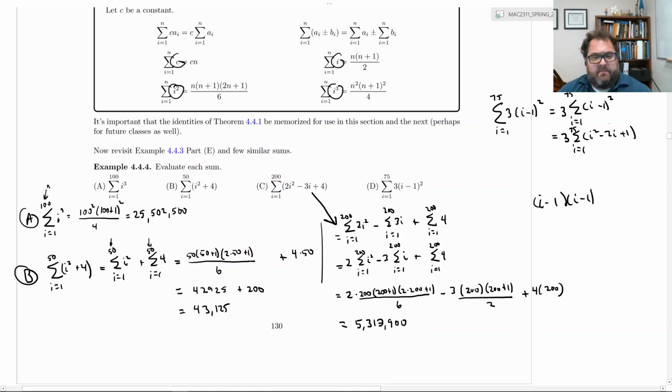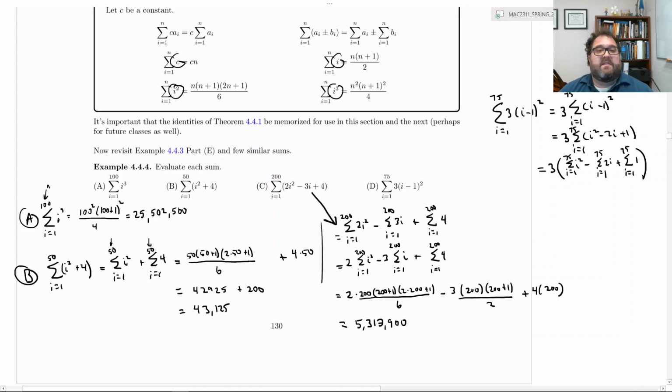And now we're kind of to the same spot as in example C. We have 3 terms, except now we do have a 3 out front of all of them. But we can take those sums individually. We have the sum of i equals 1 to 75 of i squared minus the sum from i equal 1 to 75 of 2i plus the sum from i equal 1 to 75 of 1.